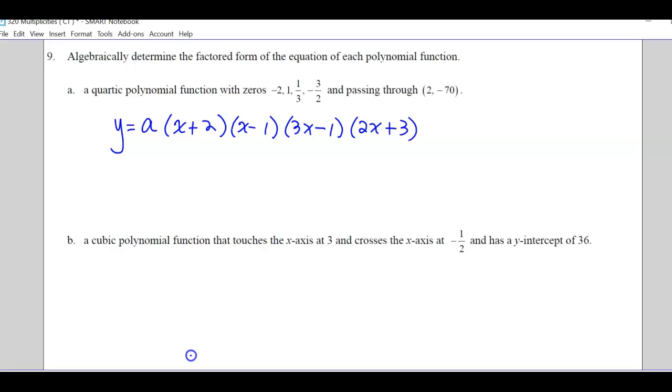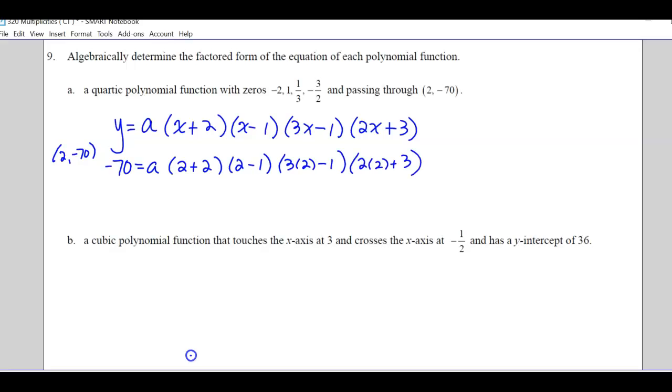And it passes through the point (2, negative 70). So you're going to put negative 70 in for y, 2 in for x, and solve for a.